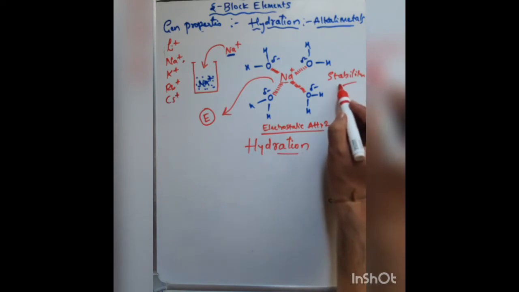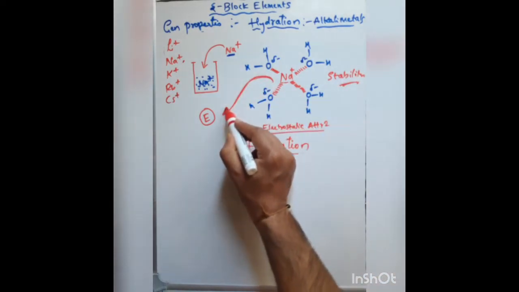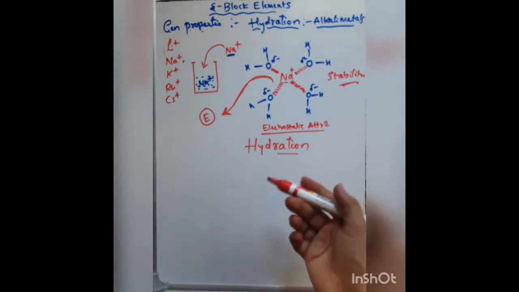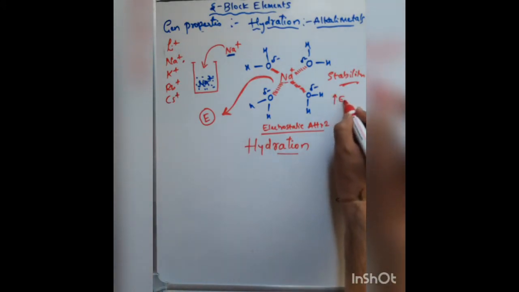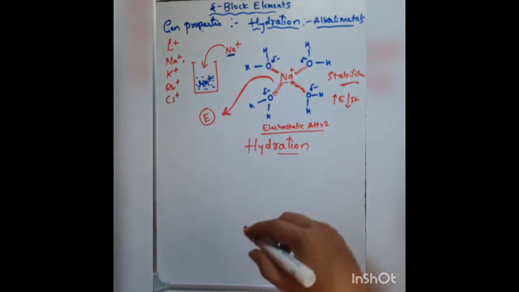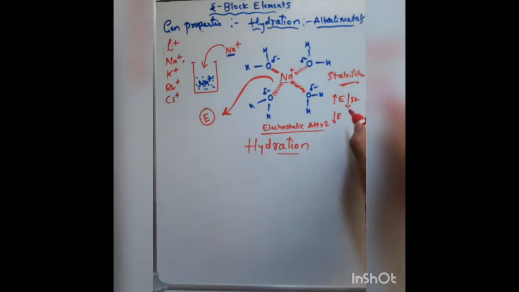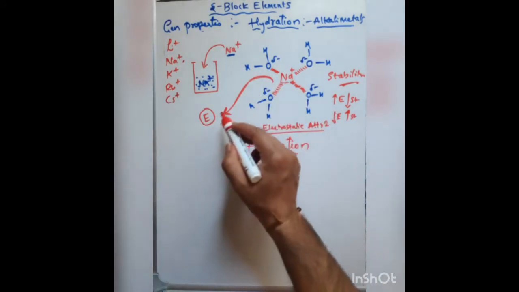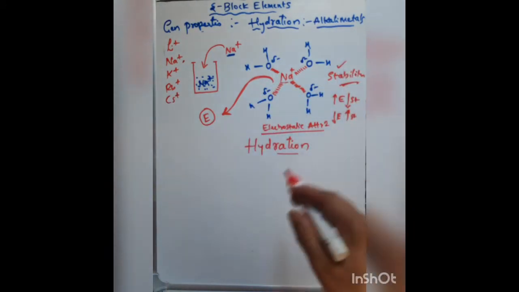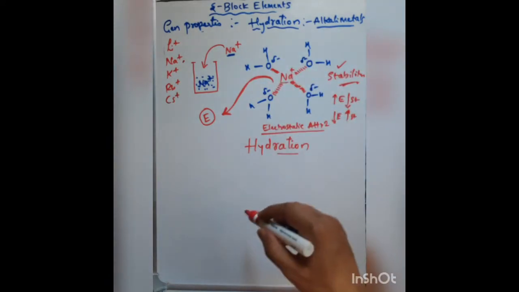Since it is getting more stable, it has to lose some amount of energy, because we know in chemistry that the higher the energy of the molecule, the lower the stability, and the lower the energy of the molecule, the higher the stability. So by losing energy, it will become more stable. This is called hydration.